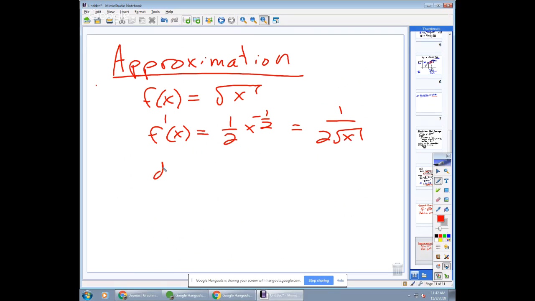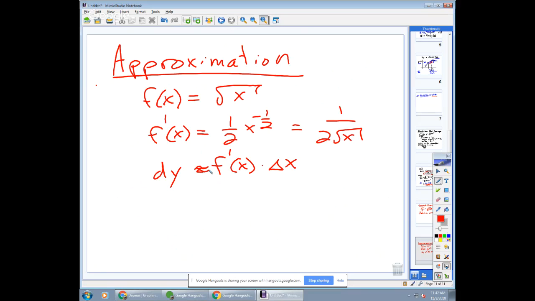So here, change in y is equal to f prime of x times the change in x. And here I'm kind of interchanging dx and delta x. That's almost legal if they're small enough. So I should say approximately there, because I didn't use the dx.